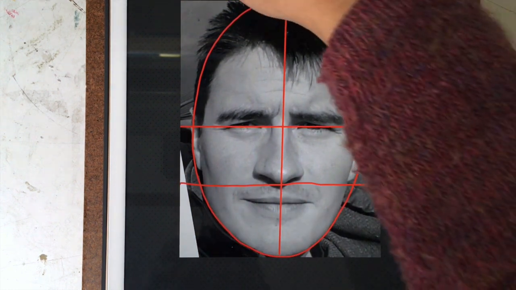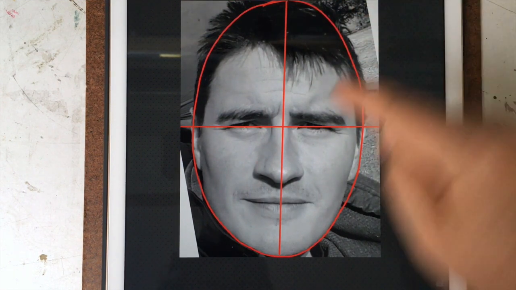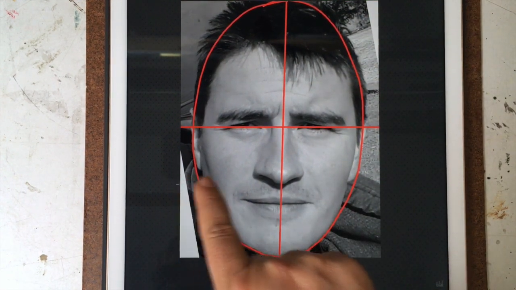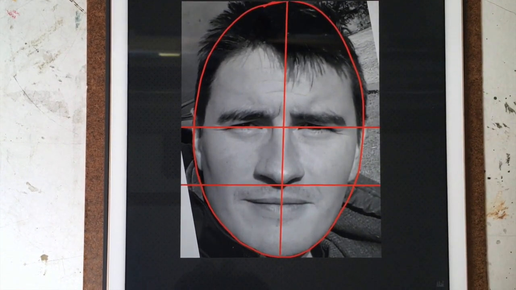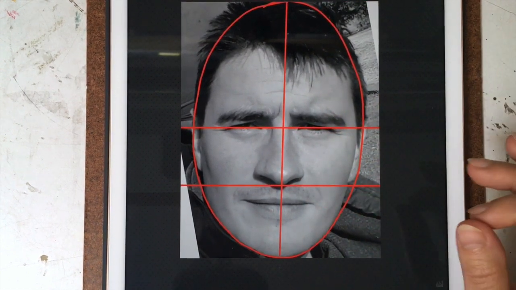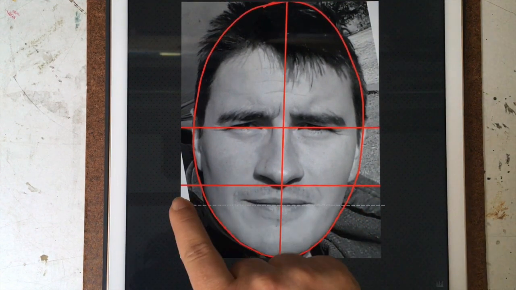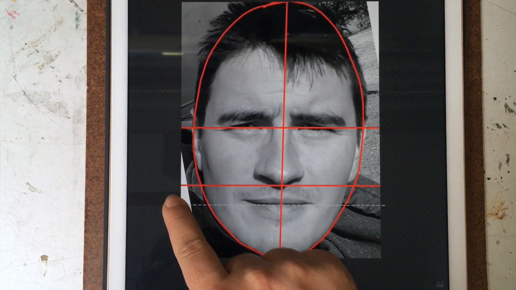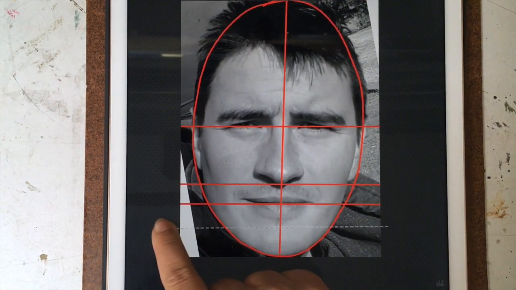Oops, let's try that again with the proper line drawing function. That was way too wiggly. There's a line at the base of the nose, and then this section below the nose is roughly divided into thirds. So there's a line for the mouth and one for the chin.